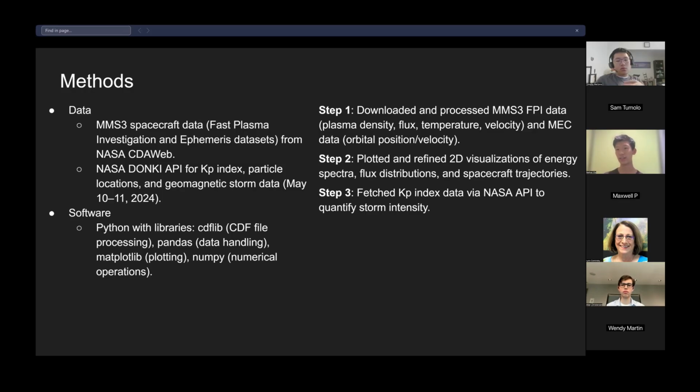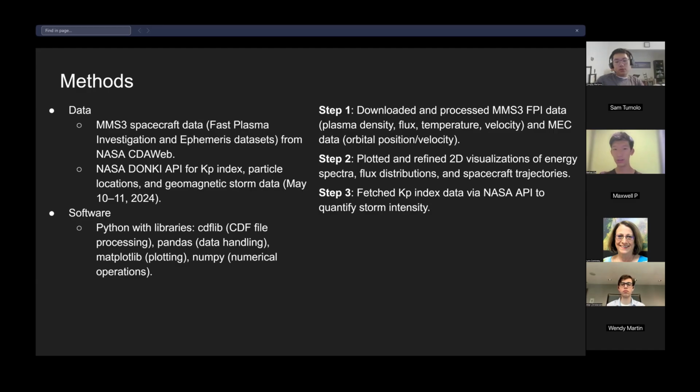I first downloaded the MMS FPI data and later the MEC data for orbital position and velocity, and I refined the visualizations and plots. Then I fetched the data from NASA's API to plot the storm intensity and durations.